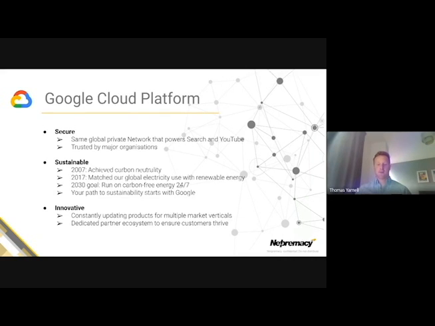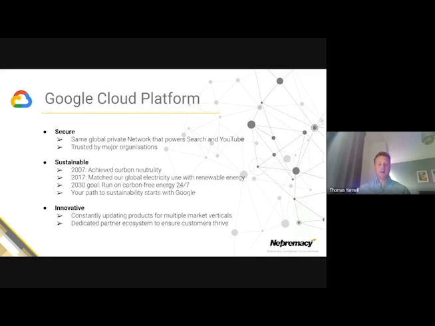And we've given ourselves some really tough targets: by 2030, we want to be carbon free 24/7. So the message here is that your path to sustainability as an organization starts with the cloud provider that you decide to partner with. And it's clear that Google has set some really strong foundations and really ambitious objectives for the future.